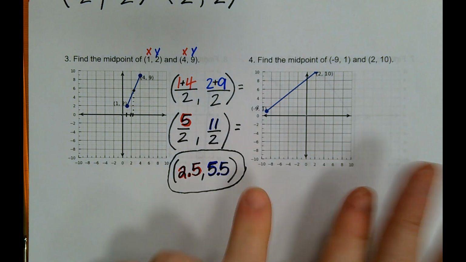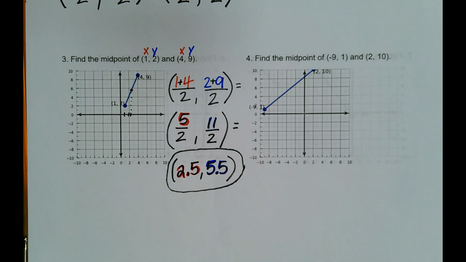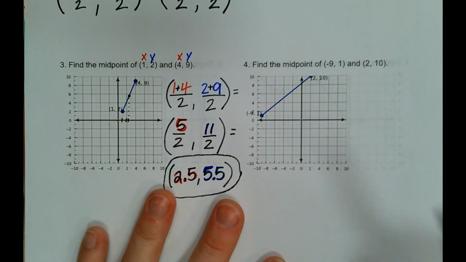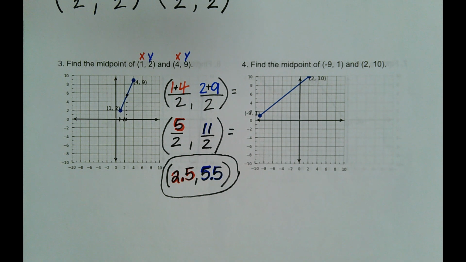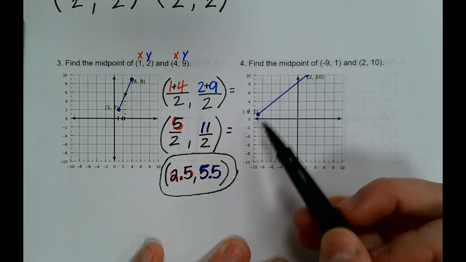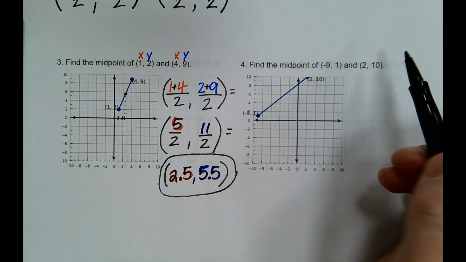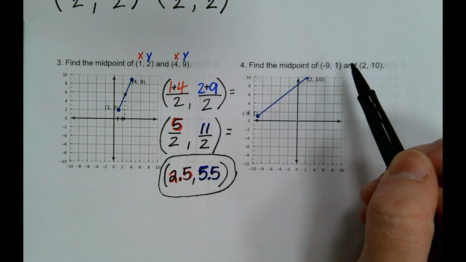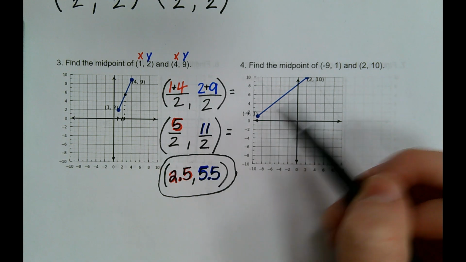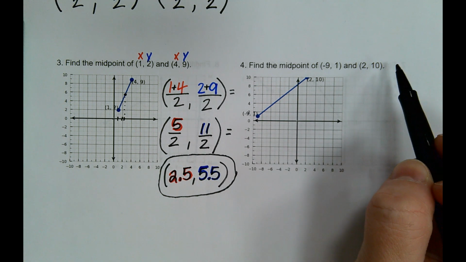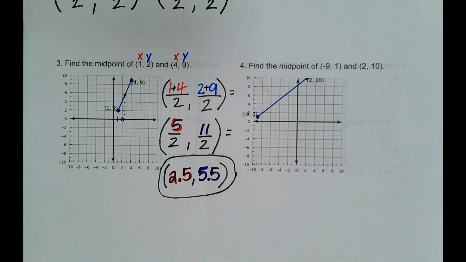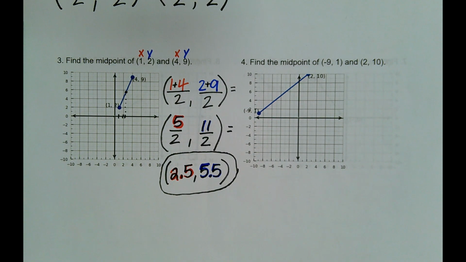All right, let's look at number 4. This will be the last one we do for midpoint. It seems like you guys have got this. I've got a line segment with the coordinates (-9, 1) over here and (2, 10) up here. So this time, Ella, could you guide me through this one?